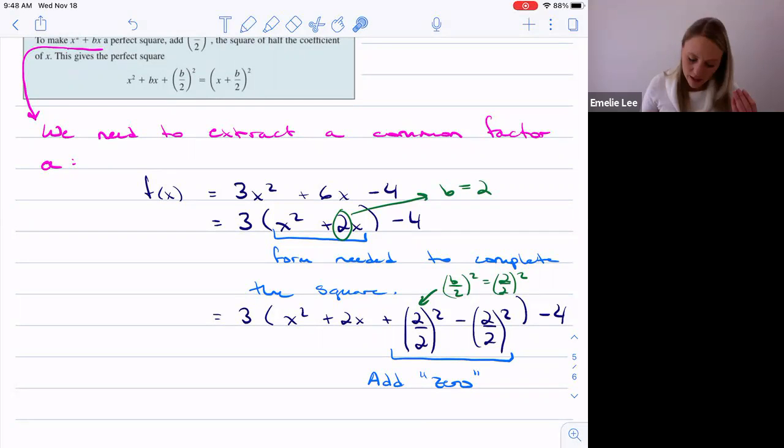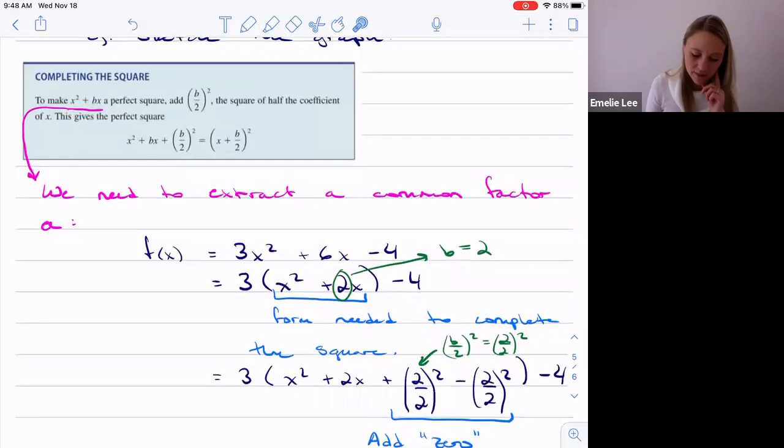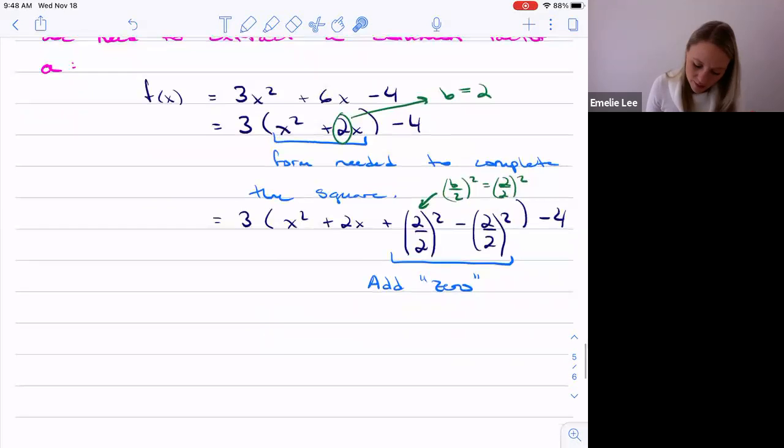Completing the square says that if I have something like x squared plus bx plus b over 2 squared, I can rewrite it as x plus b over 2 squared. That's kind of weird, but it's a perfect square. So that's what completing the square means. And now I'm going to regroup this because this right here is a perfect square.